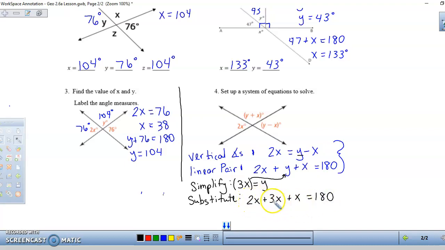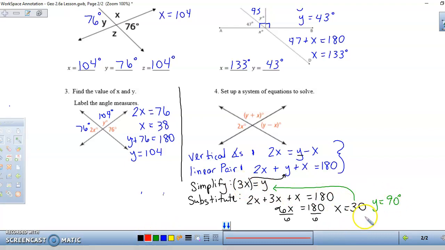You get 2 plus 3 is 5, plus 1 more is 6x. And then you're going to divide by 6. So you can use a calculator, but that is going to be 30. Okay, again, last step. You're going to take this x and plug it in to figure out y. But y is going to be 30 times 3 right here. So that's going to be 90.